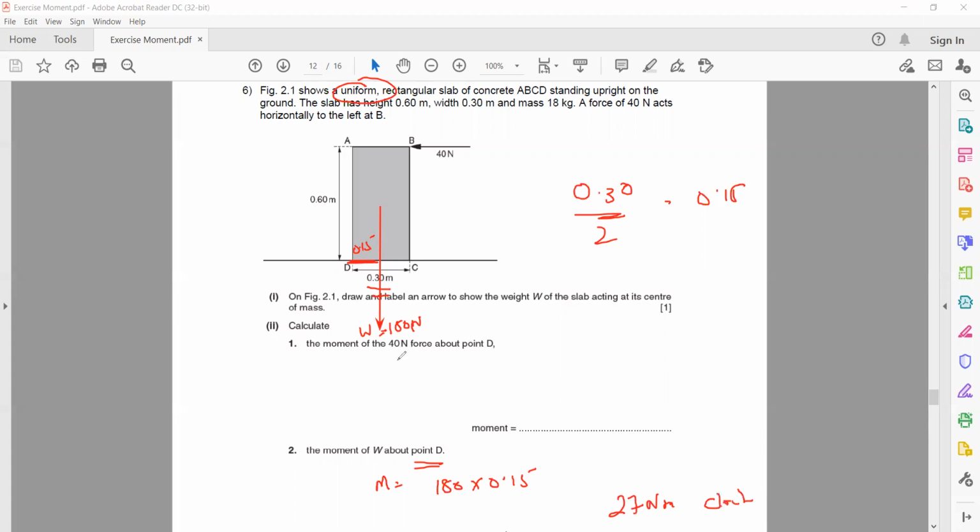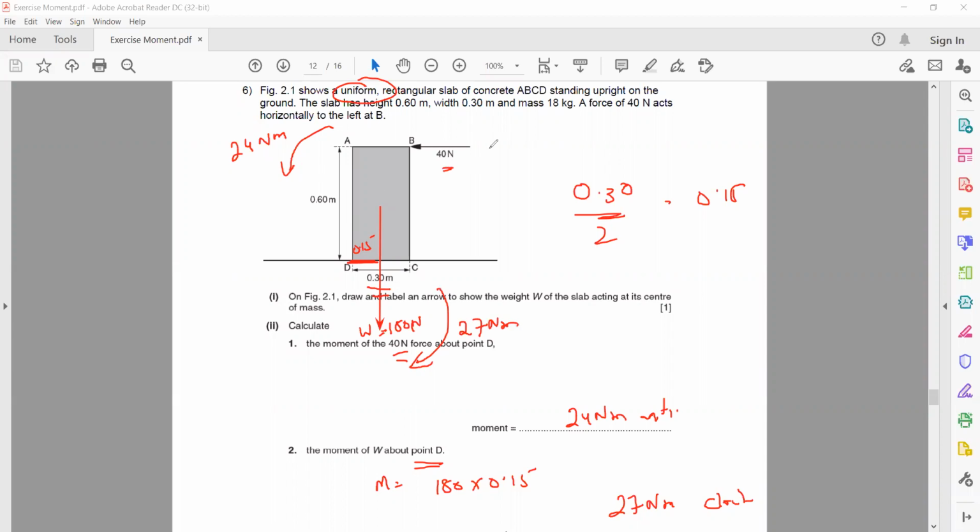And the moment due to the 40 Newton force was 24 Newton meter anti-clockwise. So will this slab topple? The turning effect produced by the 40 Newton force equals 24 Newton meter, and the turning effect produced by the weight equals 27 Newton meter.